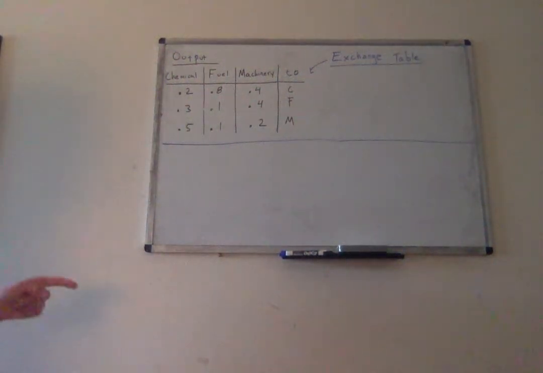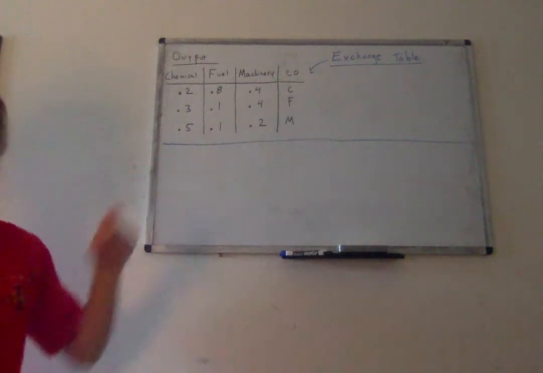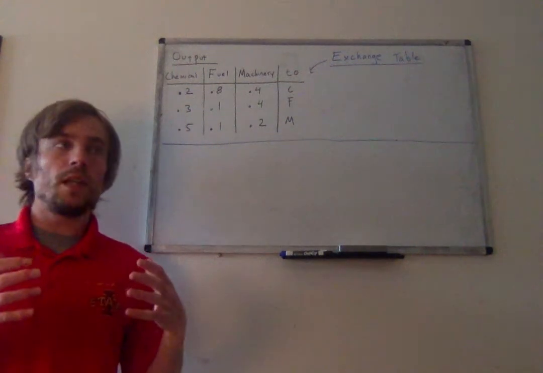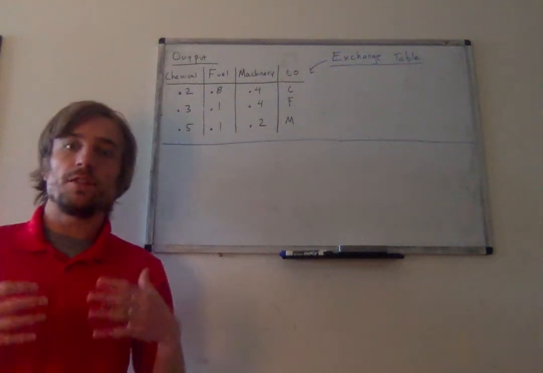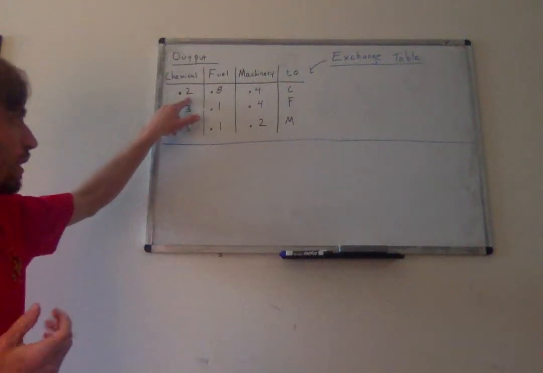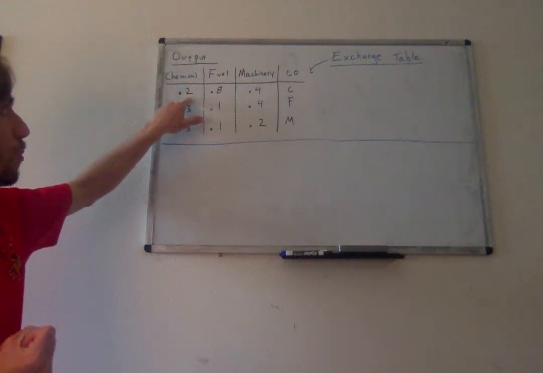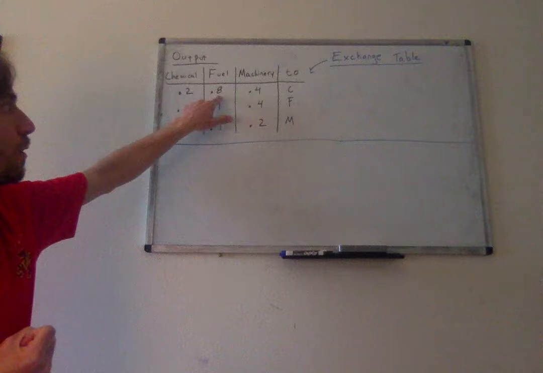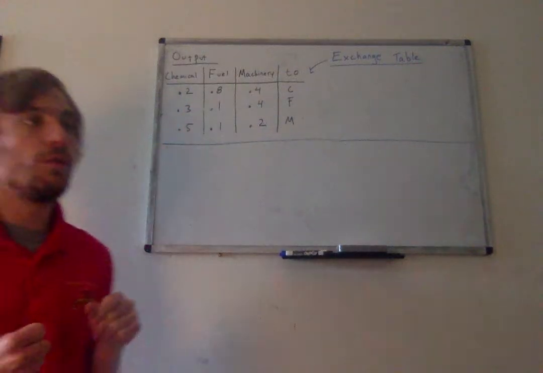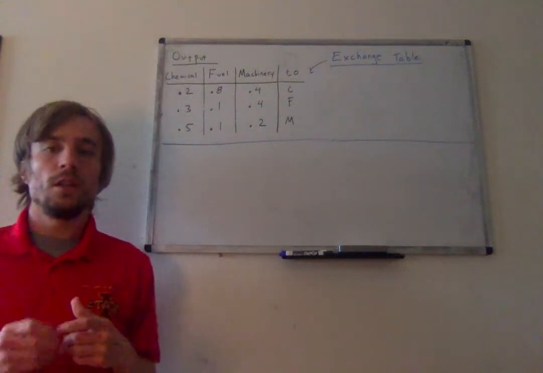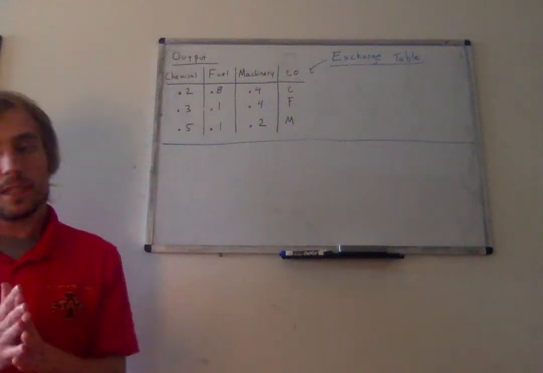What this also tells you, if you read horizontally, is what each sector is receiving. So chemicals, keeping 20% of its own output, is receiving 80% of fuels' output, and receiving 40% of machinery's output. So you can learn a lot just by looking at this table.